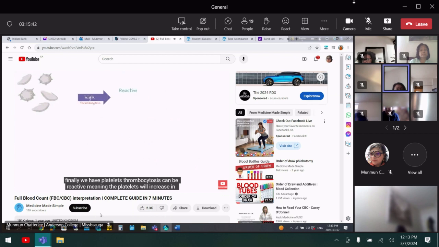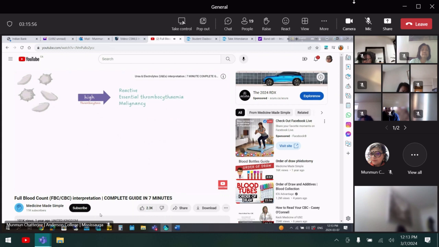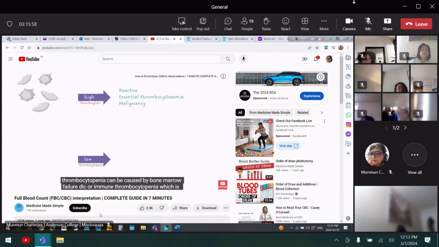Thrombocytosis can be reactive, meaning the platelets will increase in response to infection or inflammation. We can also have essential thrombocythemia, which is another type of myeloproliferative disorder, and underlying malignancy. Thrombocytopenia can be caused by bone marrow failure, DIC, or immune thrombocytopenia, which is an autoimmune disease.